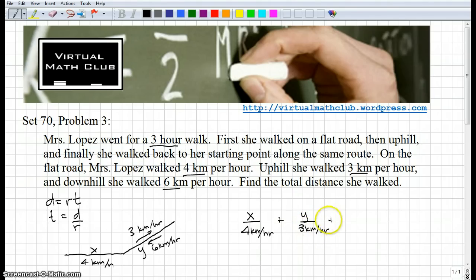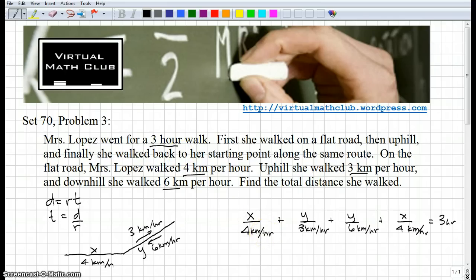Then she turns around and goes downhill, again a distance y at 6 kilometers per hour. Finally, she's back on the flat road, going a distance of x at 4 kilometers per hour. If we add these times up, we should get 3 hours, because that's the total time we're told she walks.